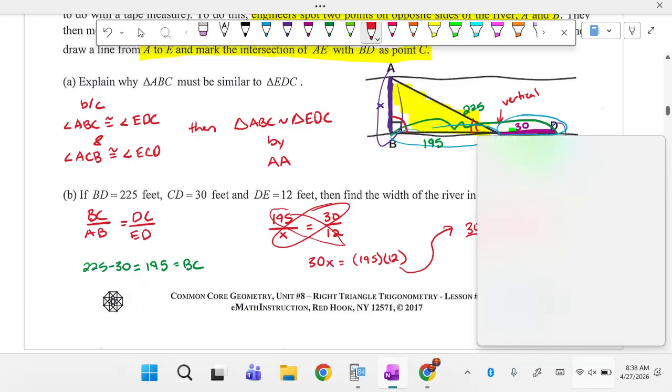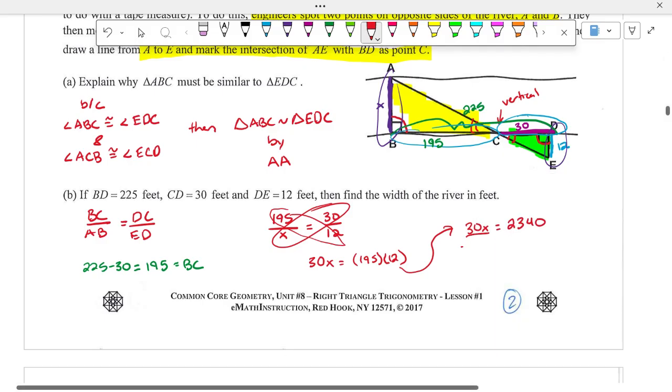And then we're going to divide both sides by 30. So what's x equal to? 78 what?